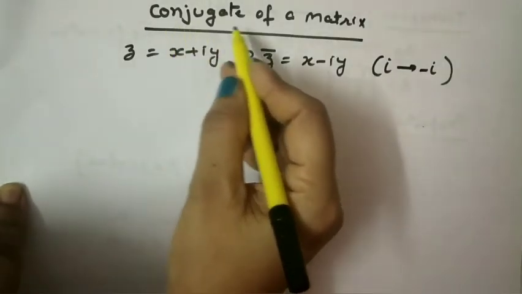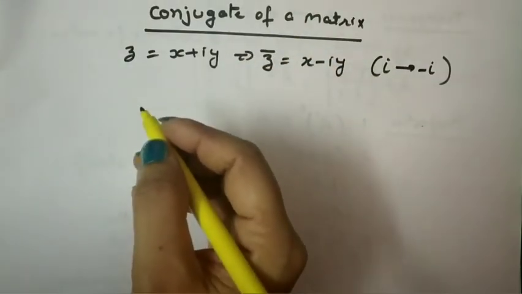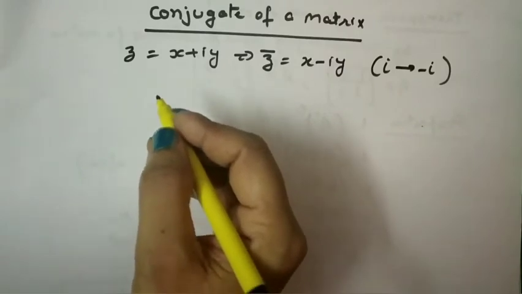Now when we talk about the conjugate of a matrix, then the conjugate of a matrix is obtained by taking the conjugate of all the elements of a matrix.